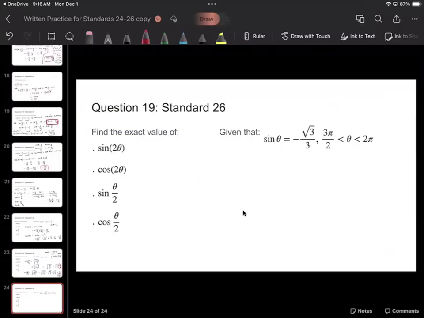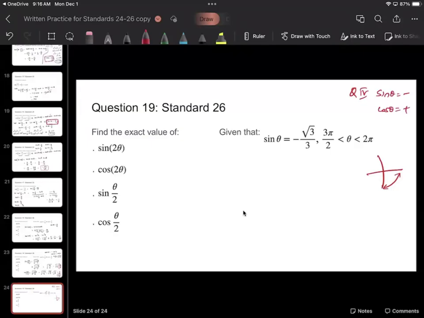So we are going to do the same thing in here, except that this angle is now in the third quadrant, am I right? I'm sorry, fourth quadrant, because this angle is between 3 pi over 2 and 2 pi. So in quadrant 4, sine is negative, whereas cosine is positive.